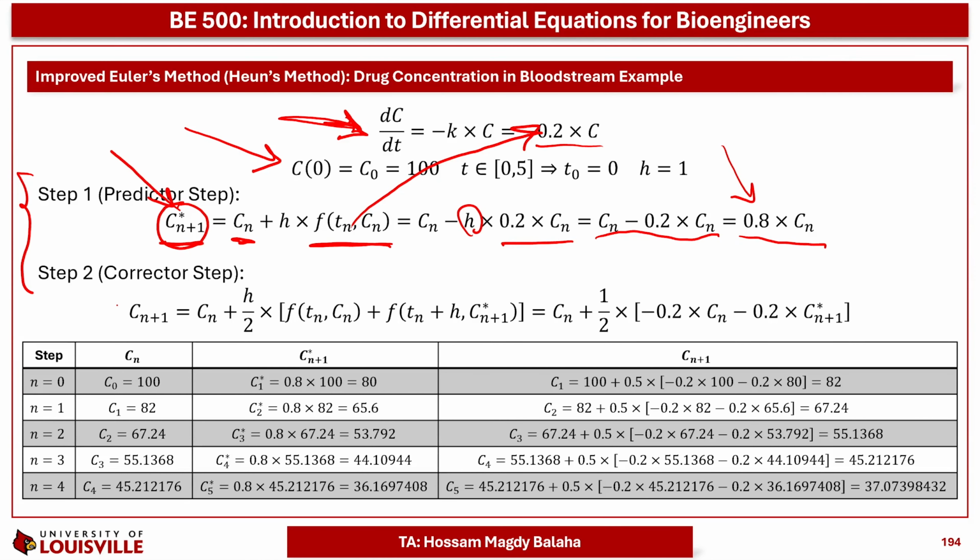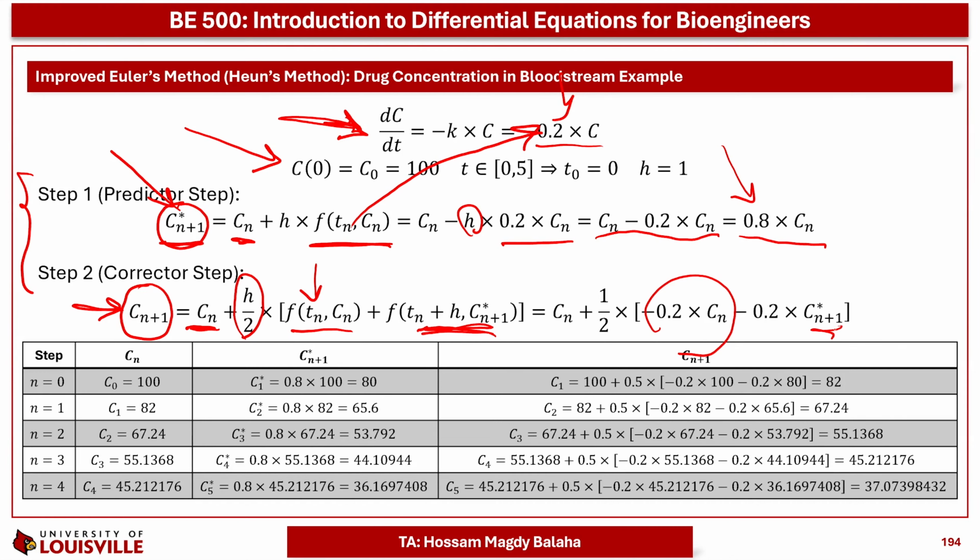Next, we will substitute in the corrector step. The final predicted value will be the current value plus h over 2 multiplied by f of tn cn and f of tn plus h and cn plus 1 star. This again will be that. So substitute here. And this will be defined by simply substituting every cn point to be cn plus 1 star, like here.